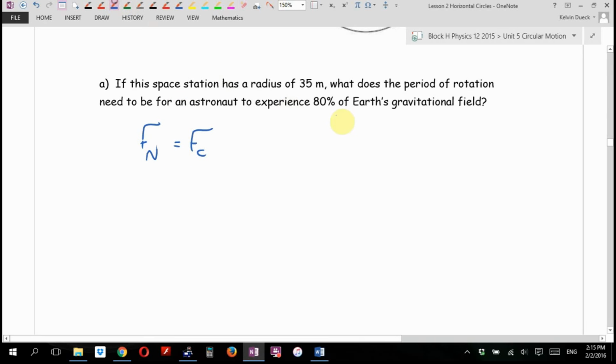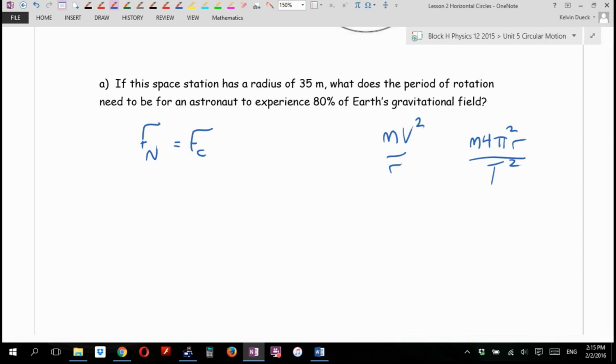By the way, am I going to use this one, or am I going to use this one for Fc? Am I going to use this one, or am I going to use this one?